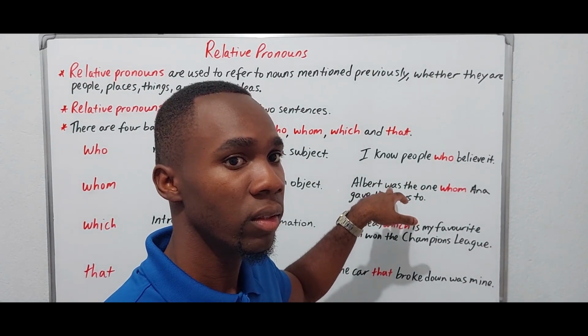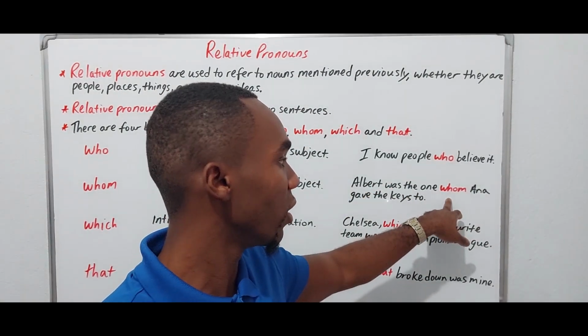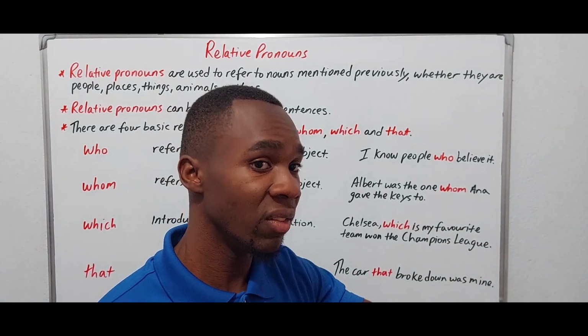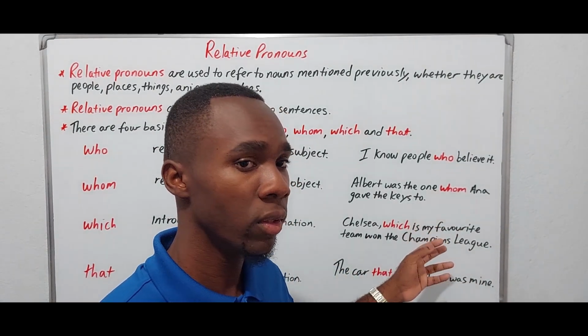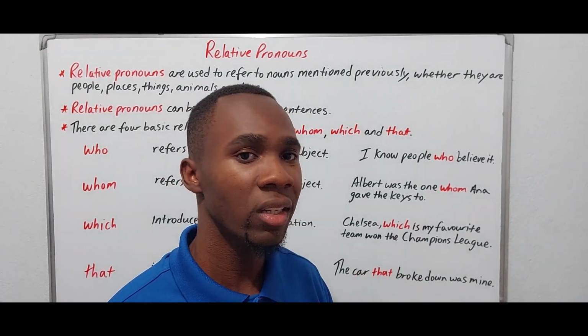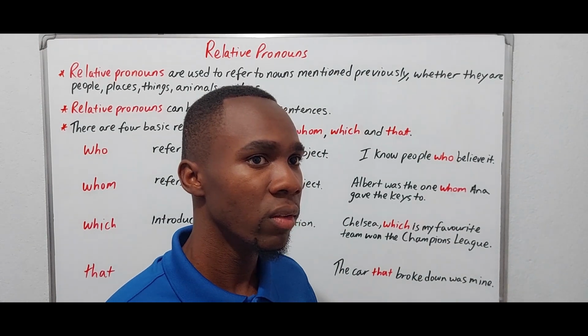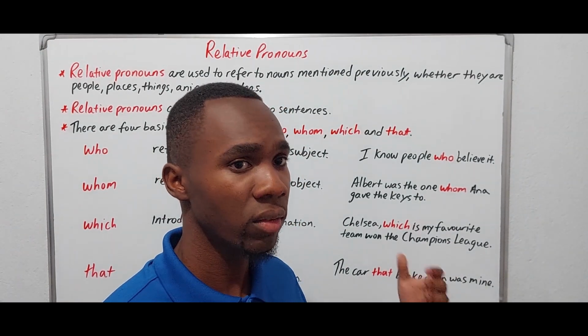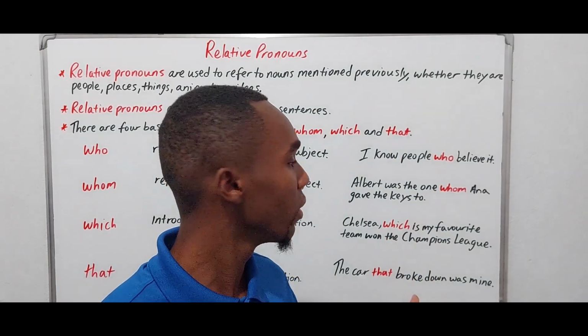So we use the object here because he is the one who received the keys. So we use whom, right? Even though in spoken English we would say who, in formal English, whom would actually be correct because it's being used as an object, all right?